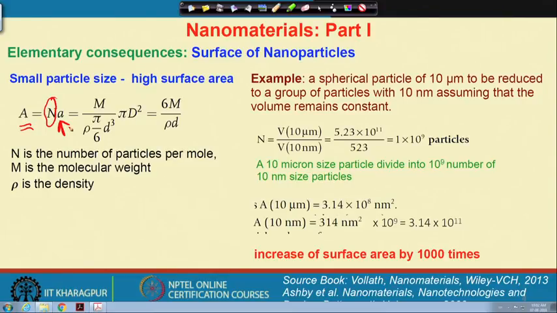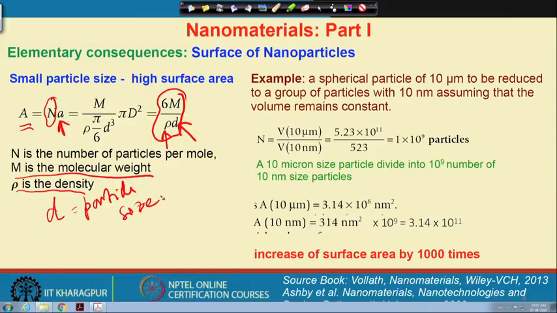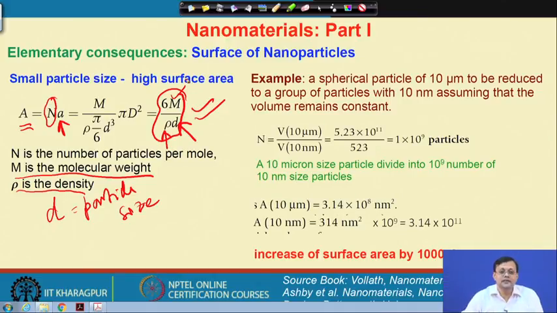Then we reach such an equation, 6m by rho into d, where m is the molecular weight, rho is the density and d is the particle size. So, now I am estimating this in terms of the molecular weight, meaning for 1 mole of particles, how much total surface area is available.